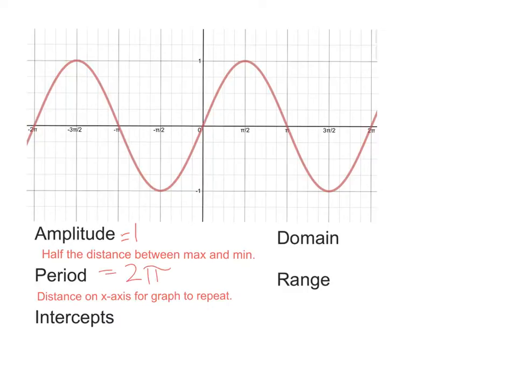If you look at one complete cycle, it's easiest if you can to start from 0 and just see how far to the right do you go before you reach the same point in the cycle again. So if we start here at 0, it's going to go up, down, up, back to the x-axis again.